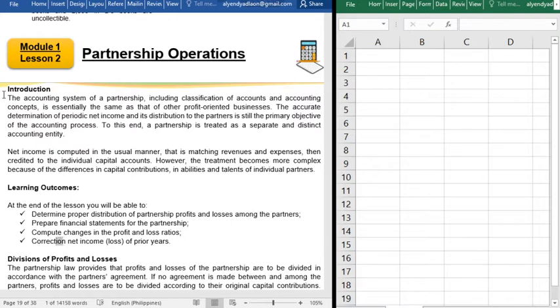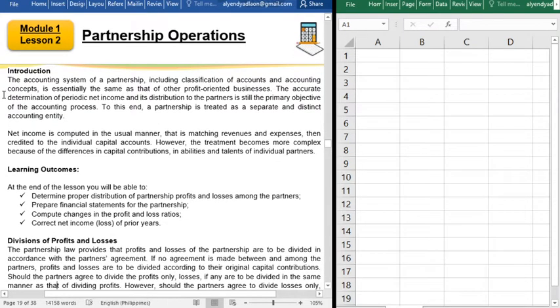Now let's start with the division of profits and losses. The partnership law provides that profits and losses of the partnership are to be divided in accordance with the partners' agreement. So actually class, there is no law that says that the partners must divide their partnership profits or losses equally.